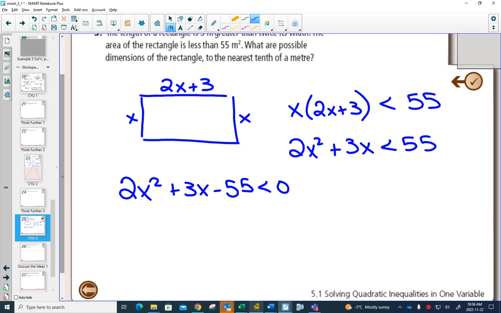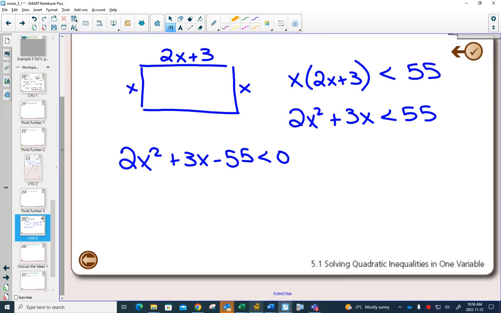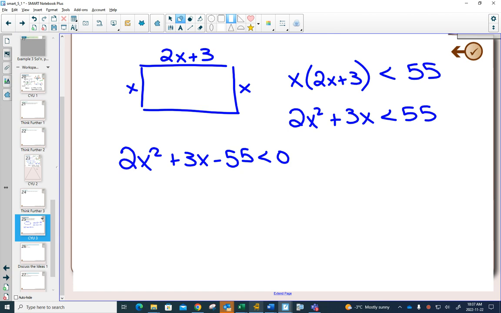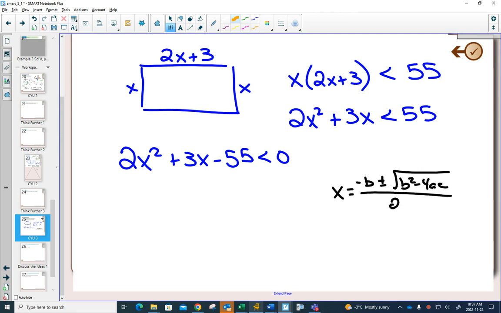Quadratic formula, we'll write it off to the side here. So this is on your formula sheet. Again, I guess for AP Math, you'd have to have that memorized.